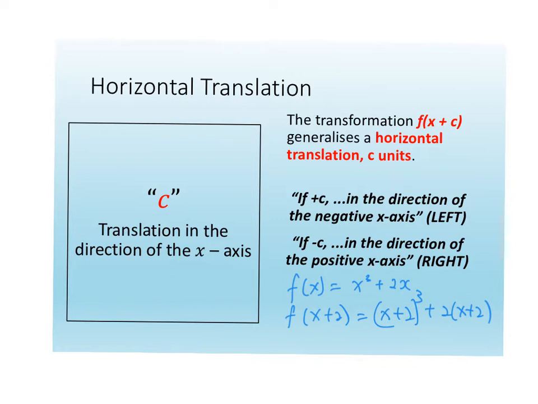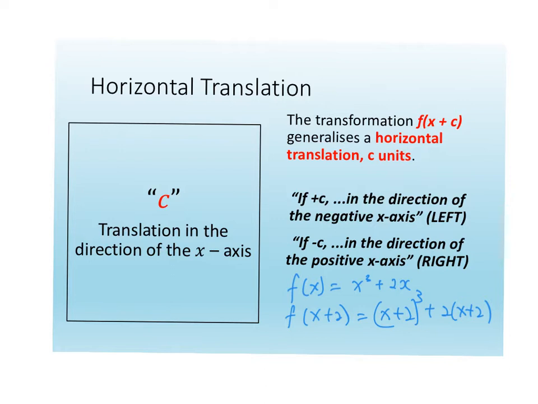If you are asked to move in the direction of the negative x-axis, the equation will have plus c. If you are asked to move in the direction of the positive x-axis, the equation will have a minus c. That's important for you to know.